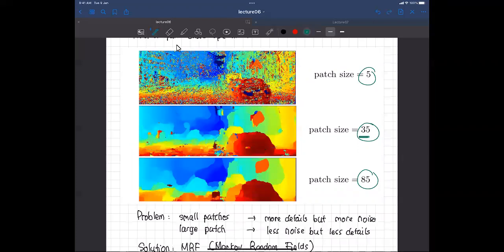One thing that's also important here for this simple naive method is that what we do here with the patch size is a local operation. We do it locally. For example, the depth estimation for this particular location has nothing to do with the depth estimation for that location.